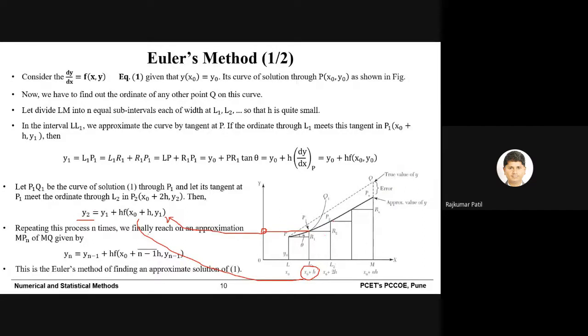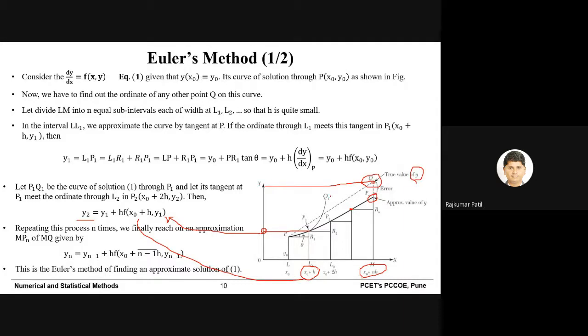And continuously from P2 to P3, you need to repeat the process till you reach the approximate value of y in which we are interested. So Q is the point, and for that point, we know the x-axis coordinate, that is x naught plus nh, and the true value of y is lying here. So you can see in the figure, it will be somewhere here.